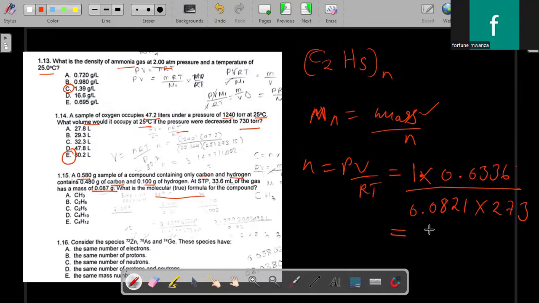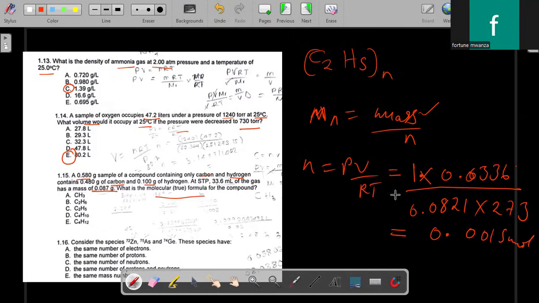I get 1 times 0.0336, divided by the product of 0.0821 by 273. I'm going to get 0.0015 moles. So these are the number of moles.